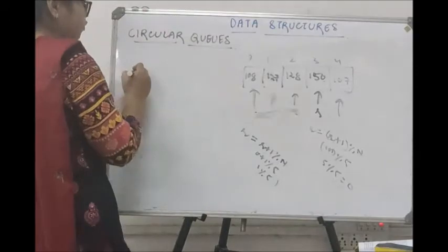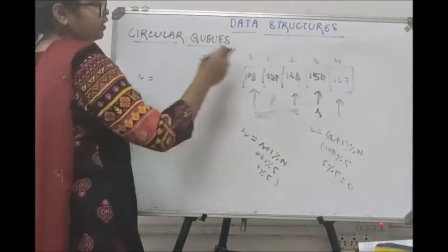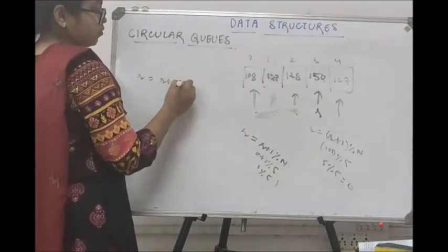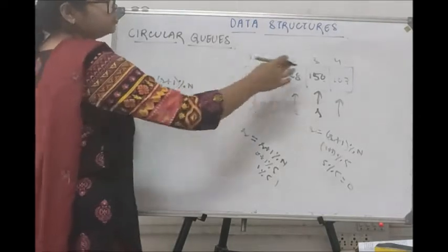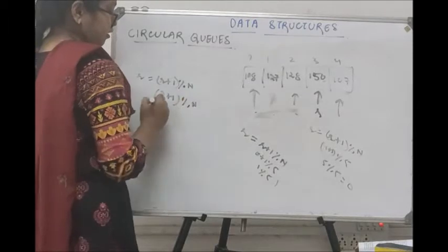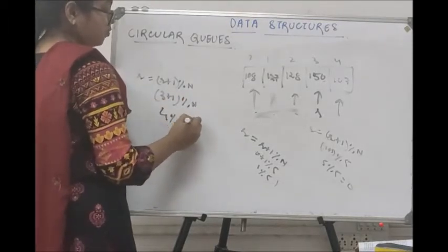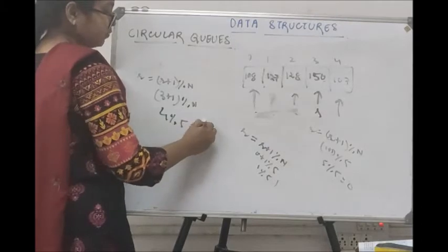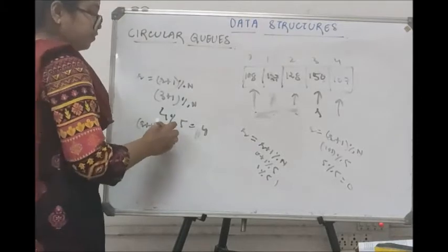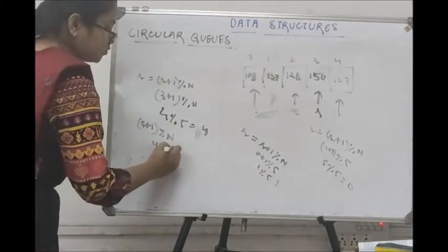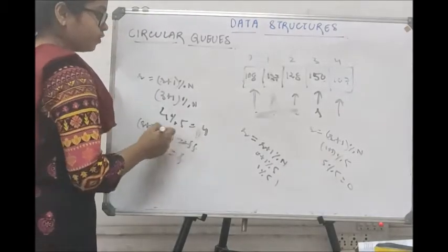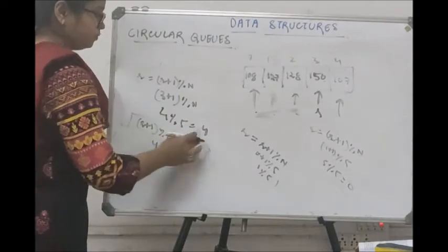So the condition for queue full is when you increment the next value of R. What is the incremented value of R? R plus 1 mod n, isn't it? So if R is pointing to 3, then 3 plus 1 mod 5 is 4. If R plus 1 mod n, that is the incremented value, which is 4, is equal to front, then we say the queue is full.